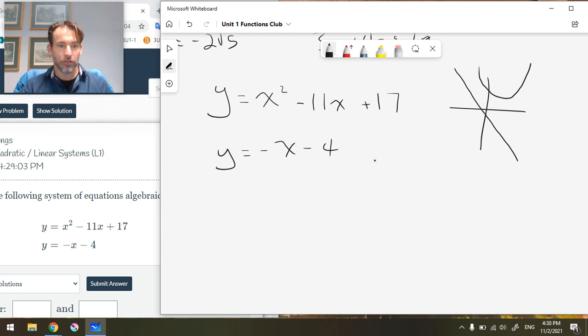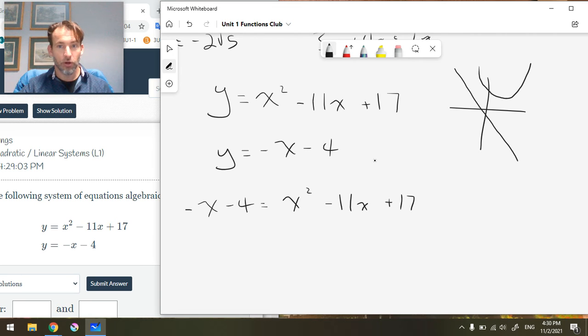Yes, I did. Okay, so how do we do that? Well, this is how we do it. We say at the point of intersection, the y is equal to the y. So I'm going to write negative x minus 4 is equal to x squared minus 11x plus 17. One equation, one unknown. I can solve that.